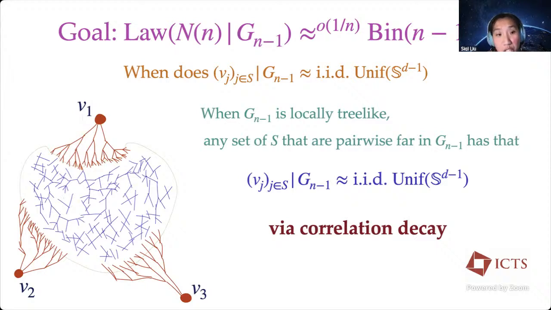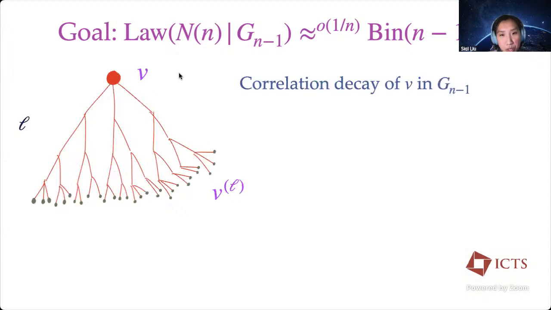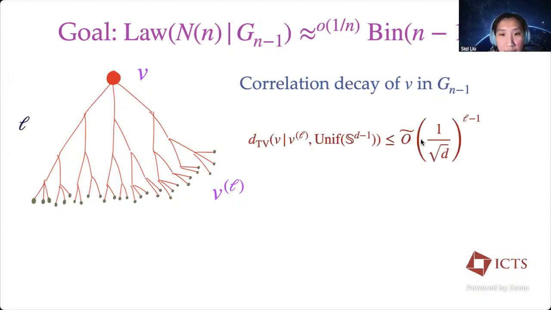And then the uniform part, to prove that each of them also is roughly a uniform distribution, we would need requirements on the dimension D, and also the correlation decay phenomenon in these kinds of random graph models. So precisely what's going on here is, the correlation decay of a vertex V in this random geometric graph is saying, condition on we know the vectors for all the leaves of the tree.